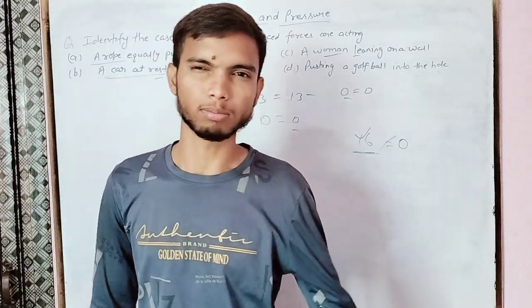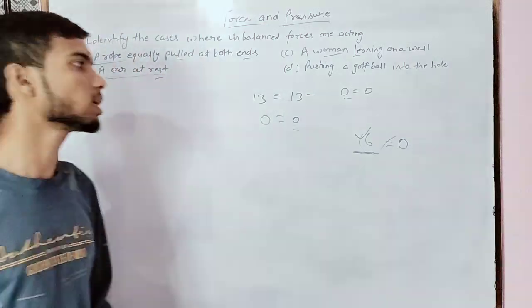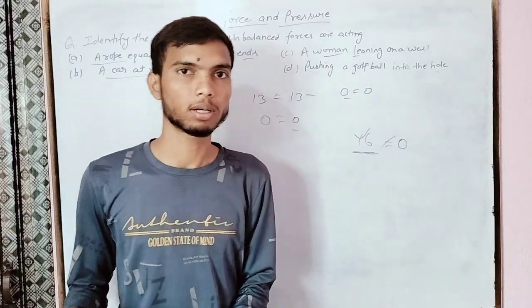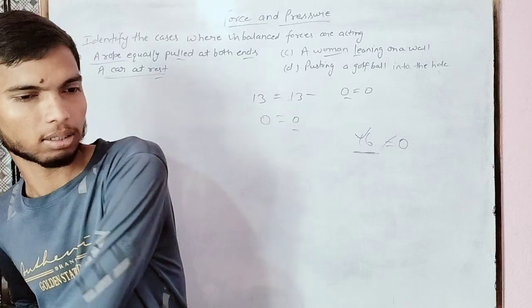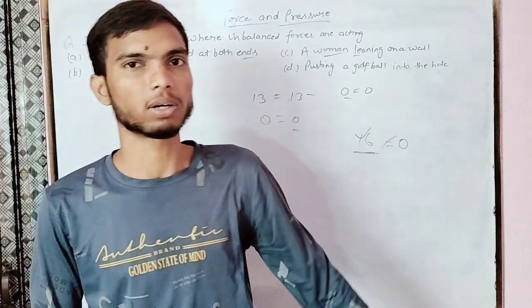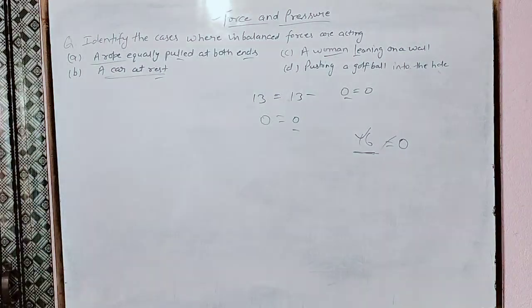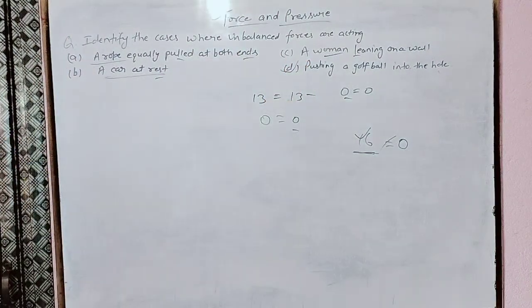If it is not applying any force, we can say the ball has 0 Newton. But the person was applying how much Newton? We can say the person had 16 Newton, applied by the person. So D is the answer for this question.